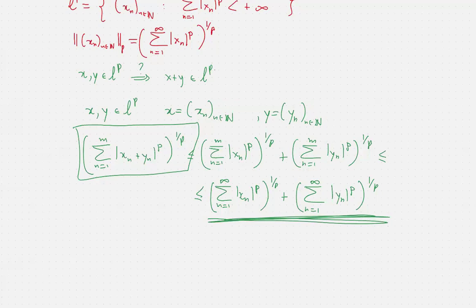So now you can say there is the supremum over m of all these sums, or the limit as m tends to infinity. So you can consider it as the partial sums of a series.